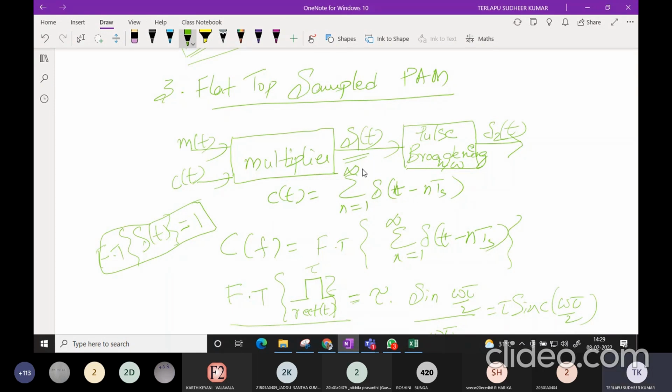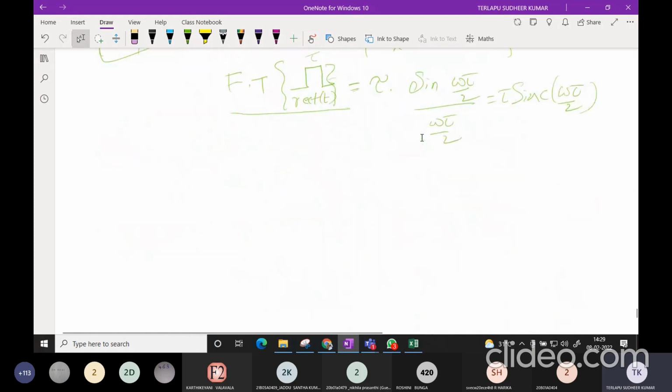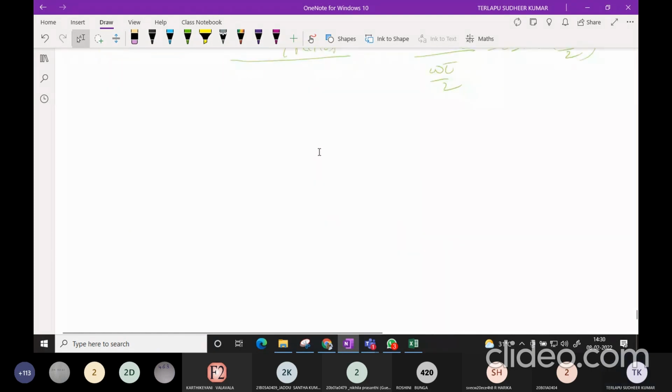So when the width of the pulse is broadened, then my impulse will become a rectangular pulse. Okay, fine. So my idea is to realize what actually this pulse broadening network is, or at least if we could find the transfer function of the pulse broadening network, then we can proceed with the rest of the details.